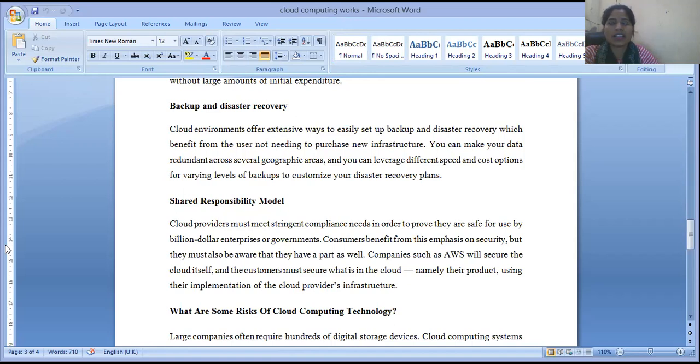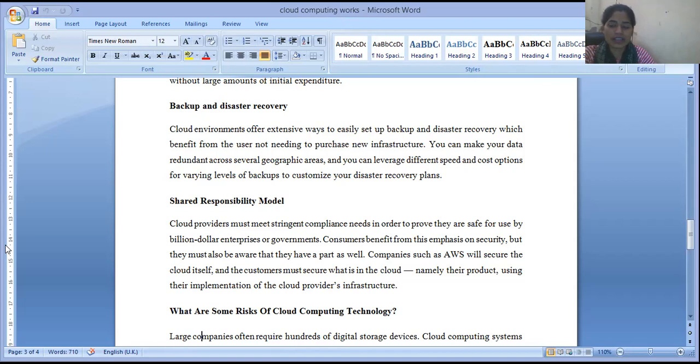You can make your data redundant across many areas, in your systems and in your clouds also, and leverage different speeds and cost options for varying levels of backup to customize your disaster recovery plan.